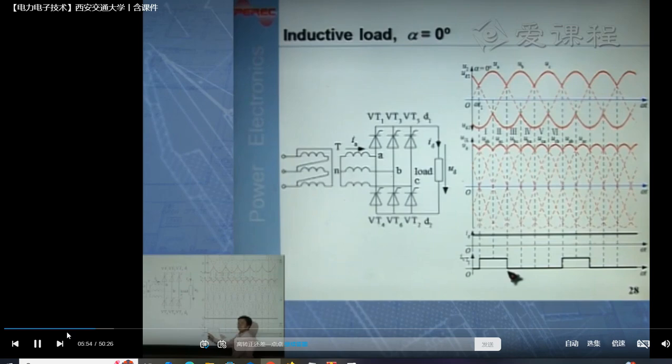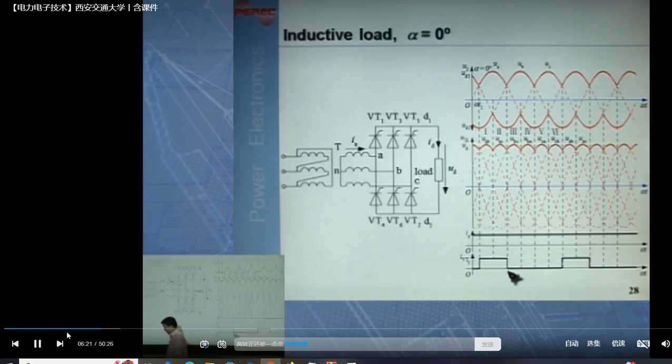The current flowing through thyristor will be instantly changing from 0 to ID, the DC side load current. And at this instant here, before this point, this thyristor current is equal to ID, and after this point, there's an instant change, this current changing from ID to 0.